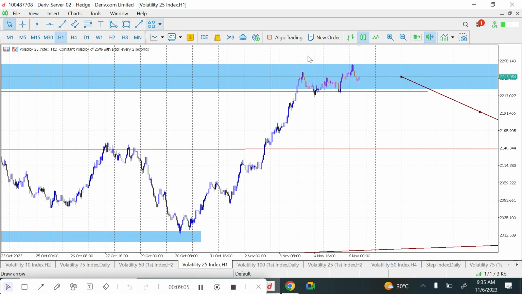So if you want to take a sell, you will wait for price to break this area of support, this area of support right at this zone, and then retest it, and then we see a sell down into this particular H4 resistance that has been broken. We are waiting for it to be tested as support, then we can see a possible buy again.